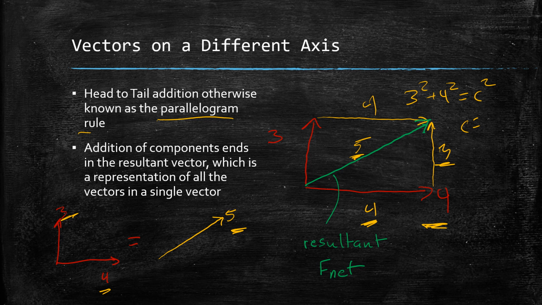So c is going to equal 5. We have 16 plus 9 is 25. Take the square root of that, we get 5. So that's how we can take vectors from a different axis and add them together into a single vector on one axis.